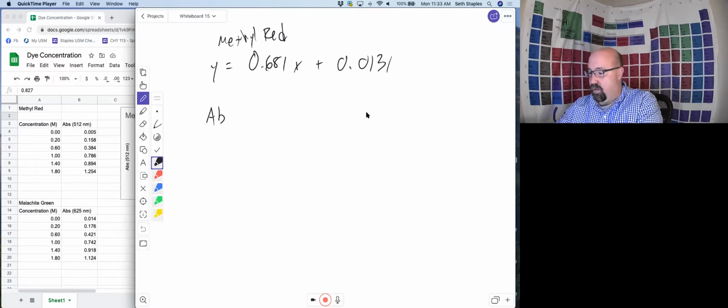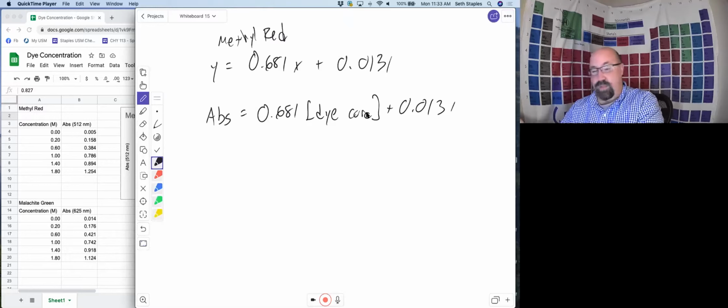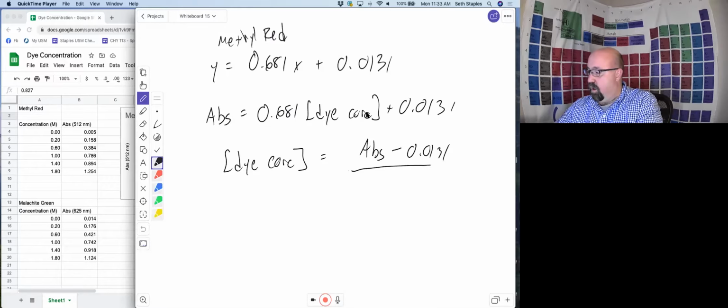Remember y is our absorbance, so that equals 0.681 times x, which is our dye concentration, plus 0.0131. Then we can perform a little bit of algebra to that equation and solve instead for our dye concentration, and that's going to equal our absorbance minus 0.0131, all divided by 0.681.